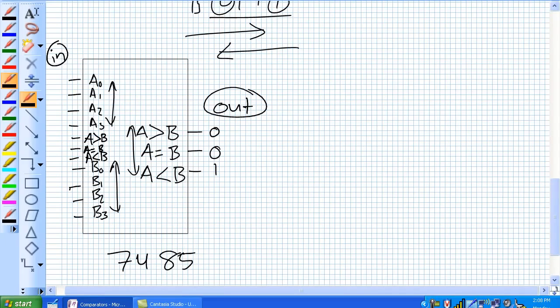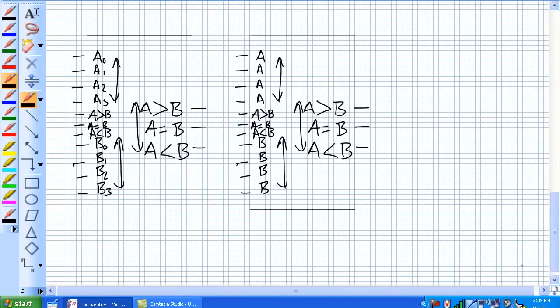What does this do? This is used for cascading a 4-bit comparator with another 4-bit comparator, thereby giving you an 8-bit comparator. The key to doing that is, first off, connecting them correctly. I'm going to pause and redraw it.